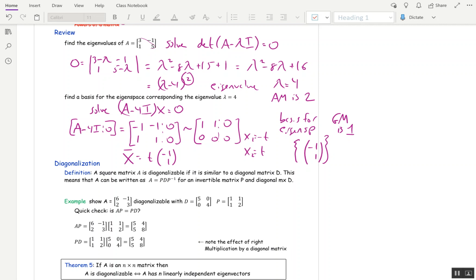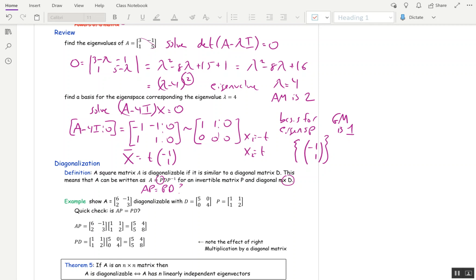And so the quick check, rather than finding P inverse, if you have P and D and you want to see if A is diagonalizable, would be to multiply both sides by P and check: is AP equal to PD? That would be quicker than checking if A is PDP inverse. But what we'll be doing today is finding P and finding D. So we'll want D and we'll want P. We'll see how to do that.